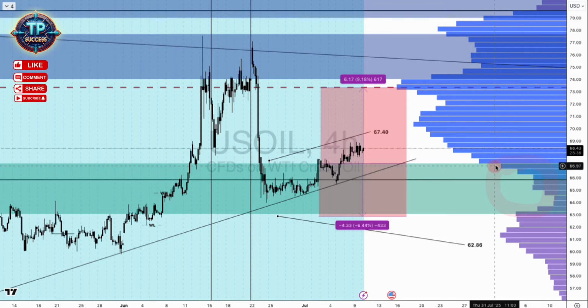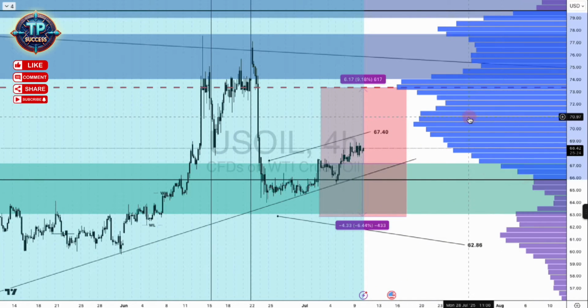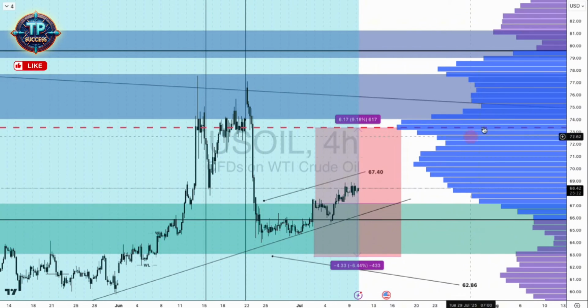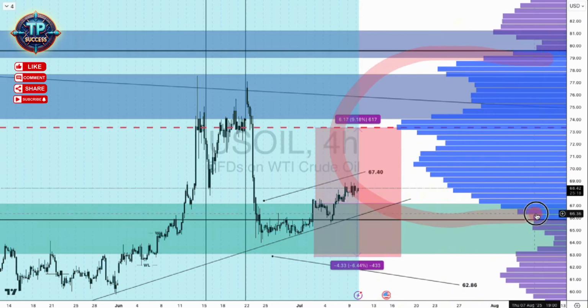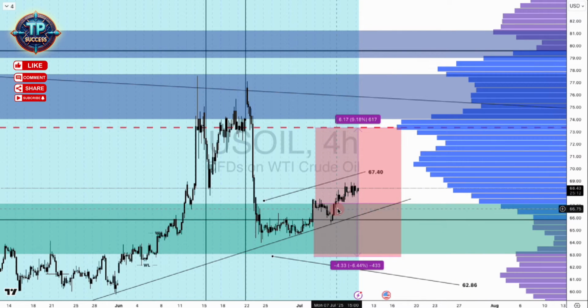However, this area right here is on the boundary of the low side of the high value area, which is this area that we're in right now. Okay, so this is the high value area, a very important area.